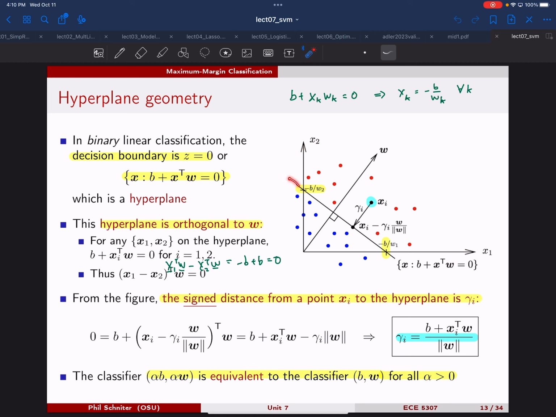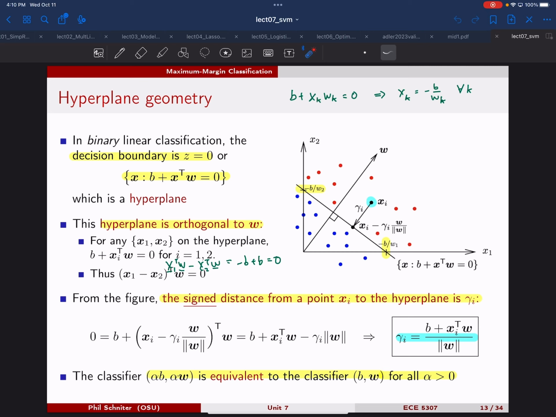So here is the decision boundary between the red and the blue classes. And we know that for any linear classifier, this boundary is also linear in the sense that it's a line or a plane or a hyperplane in higher dimensions.